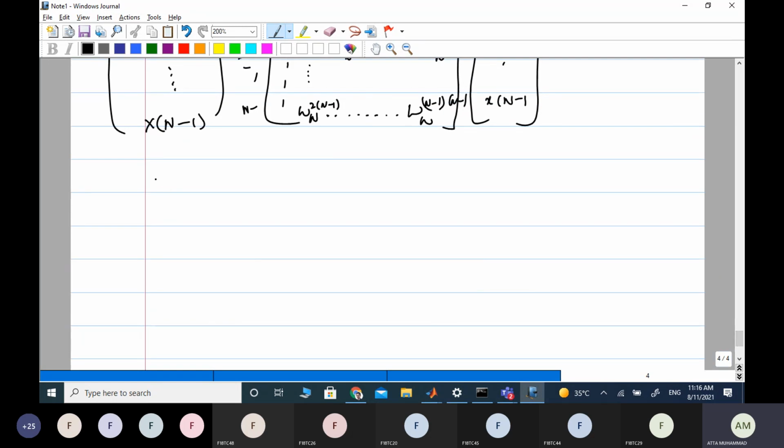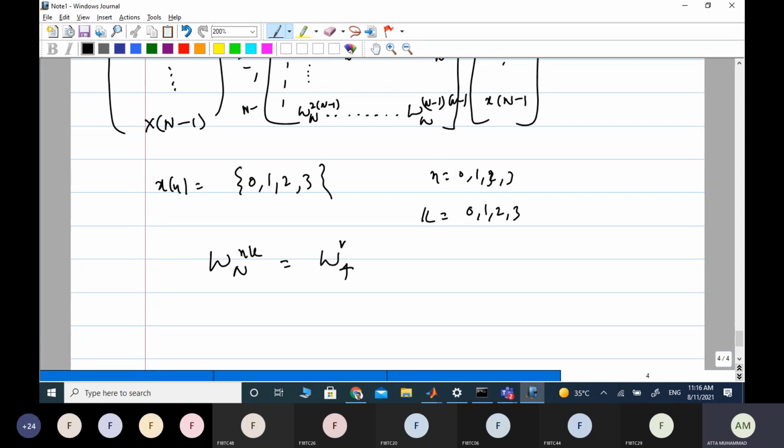Now for example, if we have the same signal x of n equal to 0 1 2 3, so our n is from 0, 1, 2 up to 3, and our k is also from 0, 1, 2 and 3, right? And our omega n becomes W4 to the power nk, right?